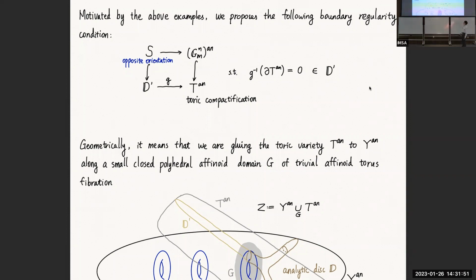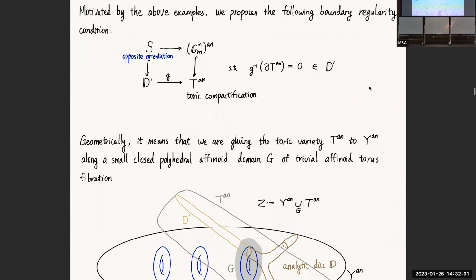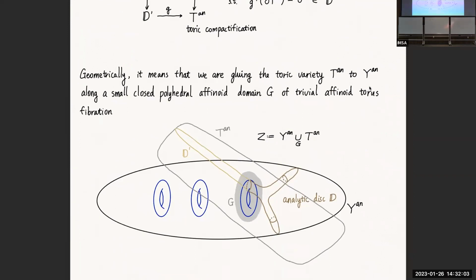But then geometrically, we can reinterpret this boundary condition using this modified target space. If you feel that this non-separated target space is scary, you can think of it as a geometric interpretation of the boundary condition, and we use it to prove properties of the moduli space.